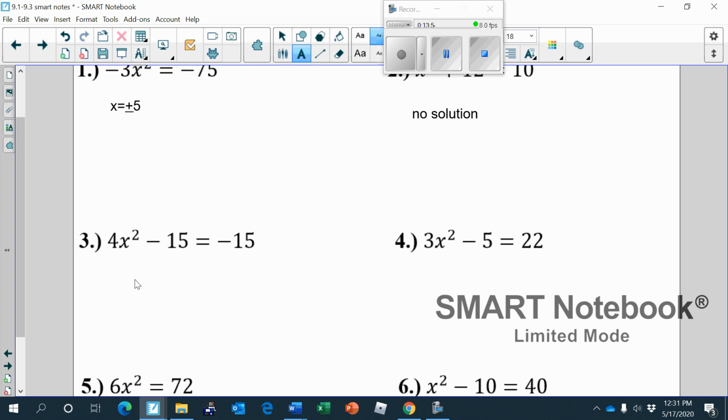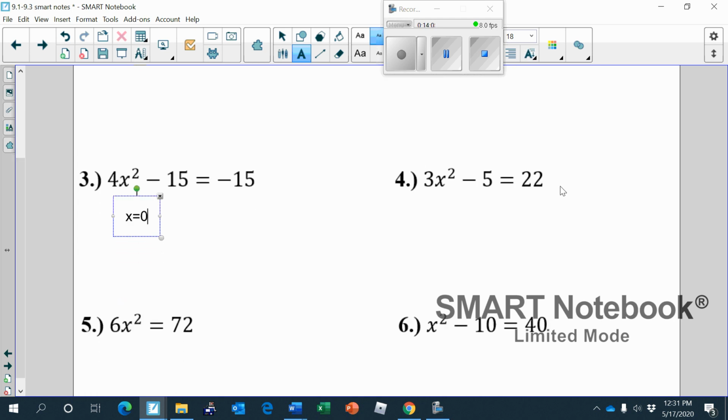For number 3, the answer is x equals 0. Again, no plus or minus, because there's no such thing as plus or minus 0, so it is just 0. For number 4, we added 5 and divided by 3 and get the square root of 9, so x equals plus or minus 3. That's what you should have gotten for try number 4.